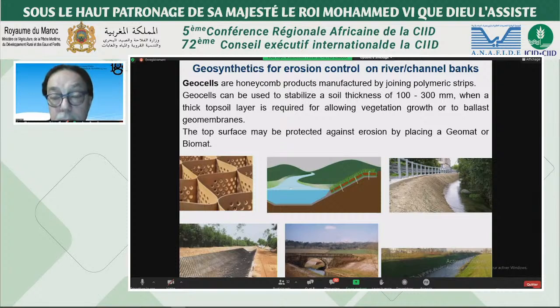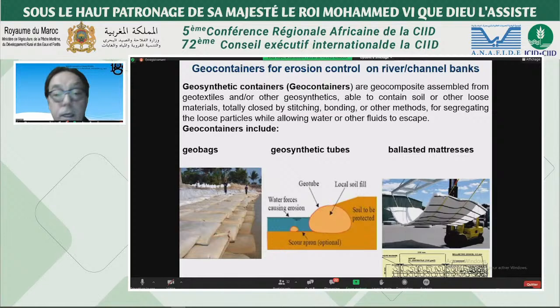Les cellules géosynthétiques peuvent être également utilisées en joignant des strips polymériques qui peuvent être utilisés pour stabiliser un sol de 100 à 300 mm, mais lorsqu'une couverture est nécessaire, il faut procéder autrement.